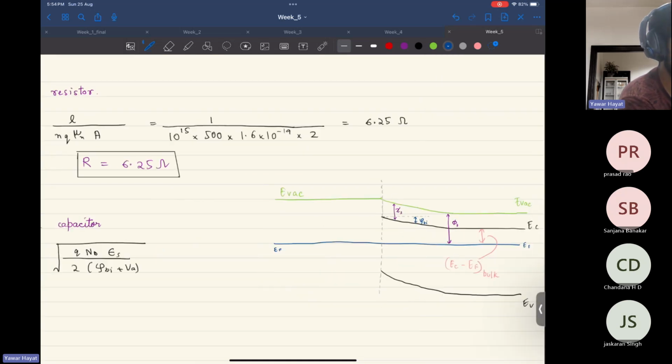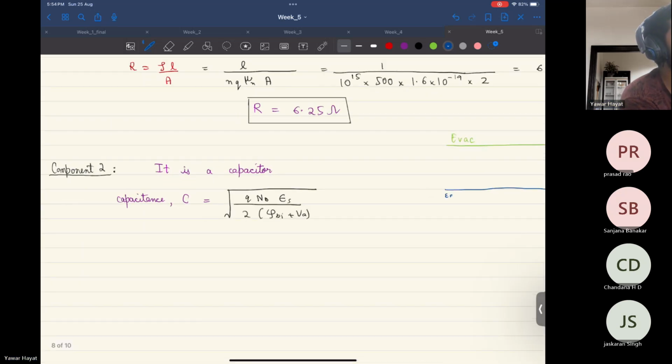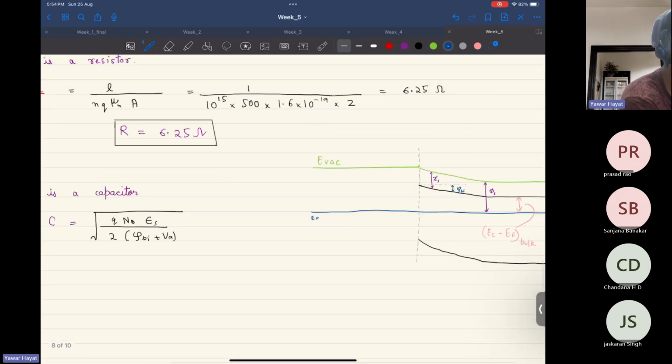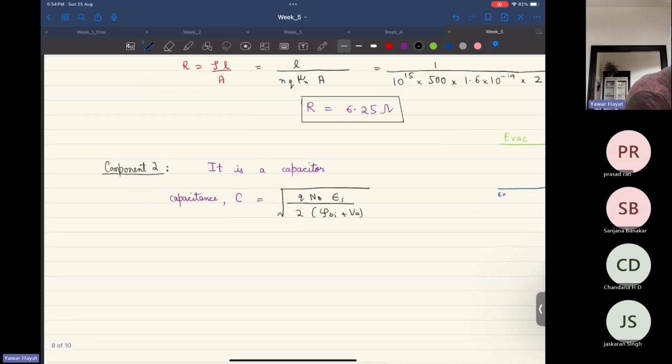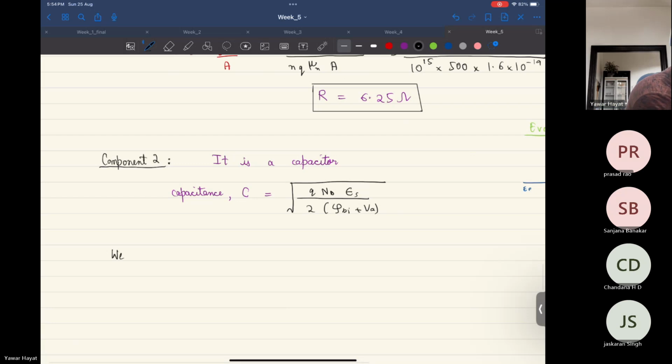Now we can calculate this phi BI from the band diagram as follows. Let me write. We can calculate this phi BI from the band diagram.